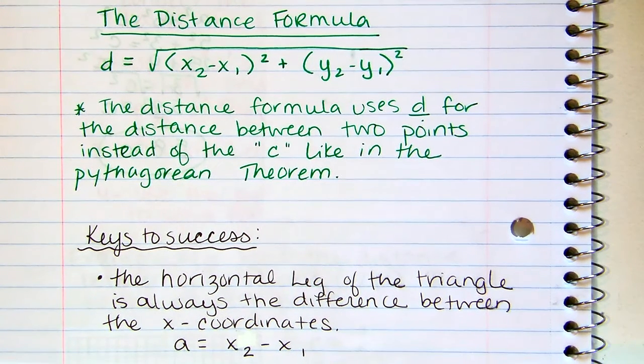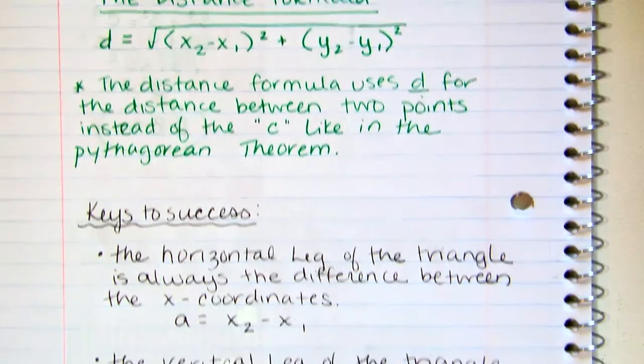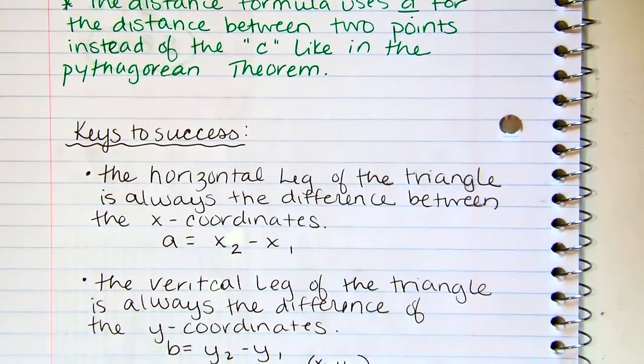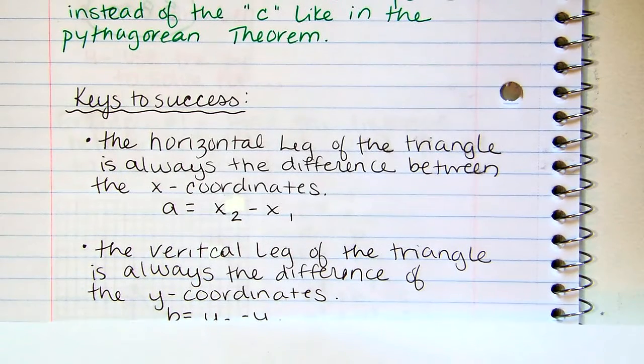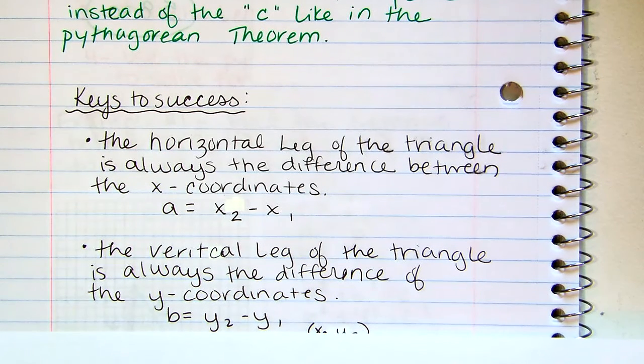So if we're connecting this to Pythagorean Theorem, A is going to be x2 minus x1, or our 2 x coordinates, the horizontal coordinates. Again, the vertical leg of the triangle is always the difference between the y coordinates. So B would be y2 minus y1.